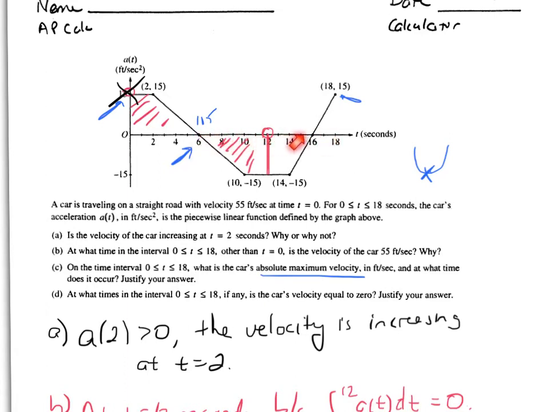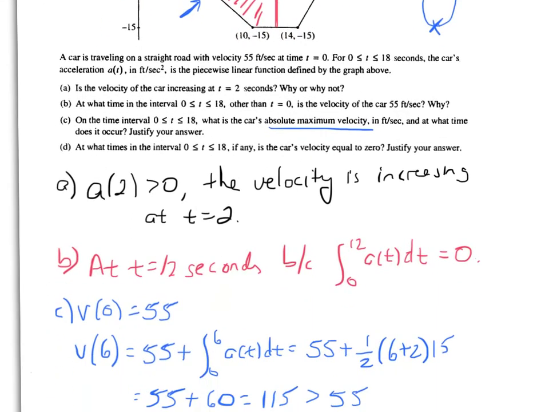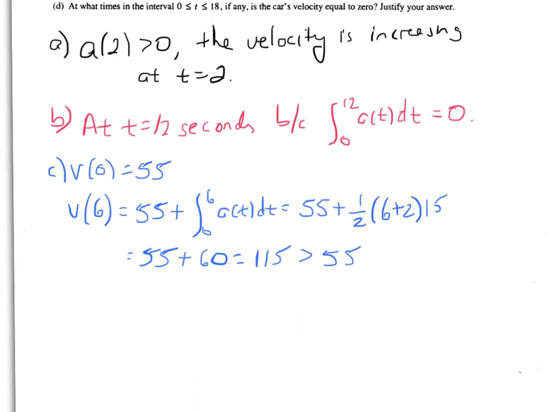We can see that also because more area is below the x-axis. So if the integral from 6 to 18 is a negative number, that means that the velocity at t equals 18 must be less than v of 6, which we know is equal to 115.